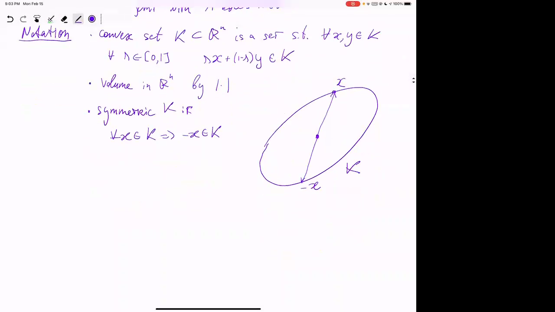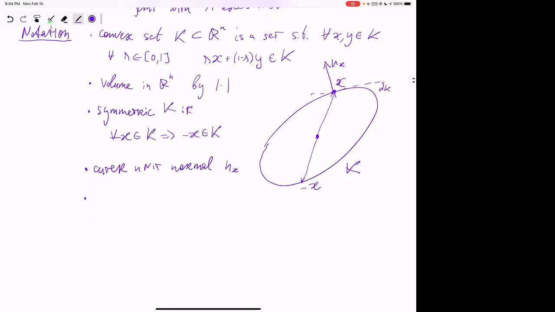I shall denote the outer unit normal by n_x, n with subindex x. So it's the outer unit normal that is sticking out of the point x. It's a vector of length 1 that's orthogonal to the boundary of K, and it's pointing out, at the point x.